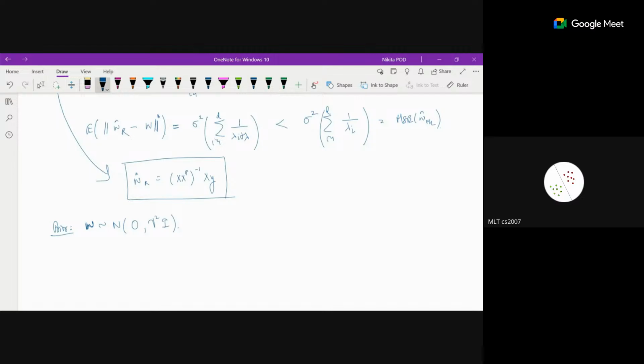Then you can work on the likelihood function and the posterior. The posterior is proportional to likelihood times prior.